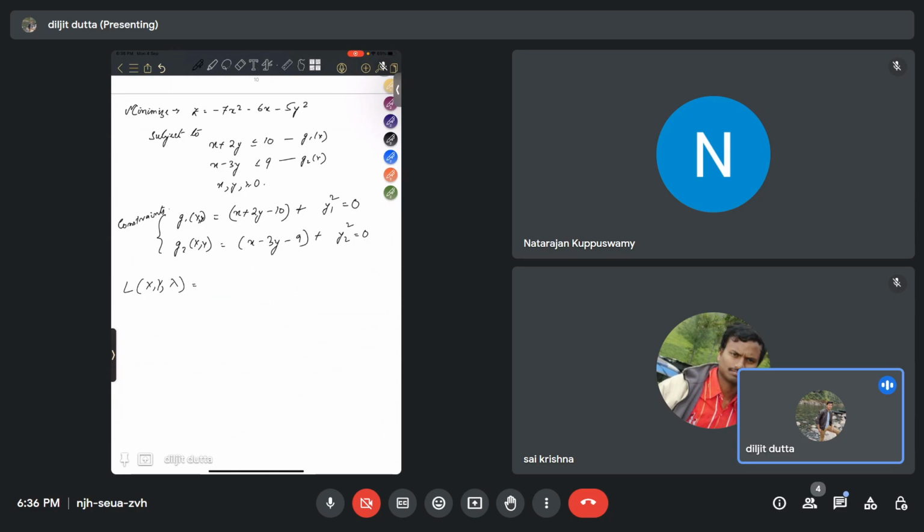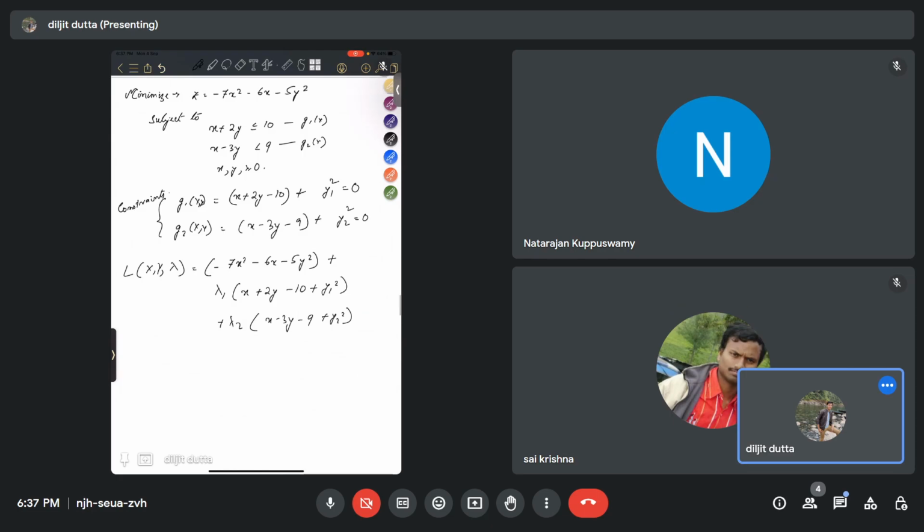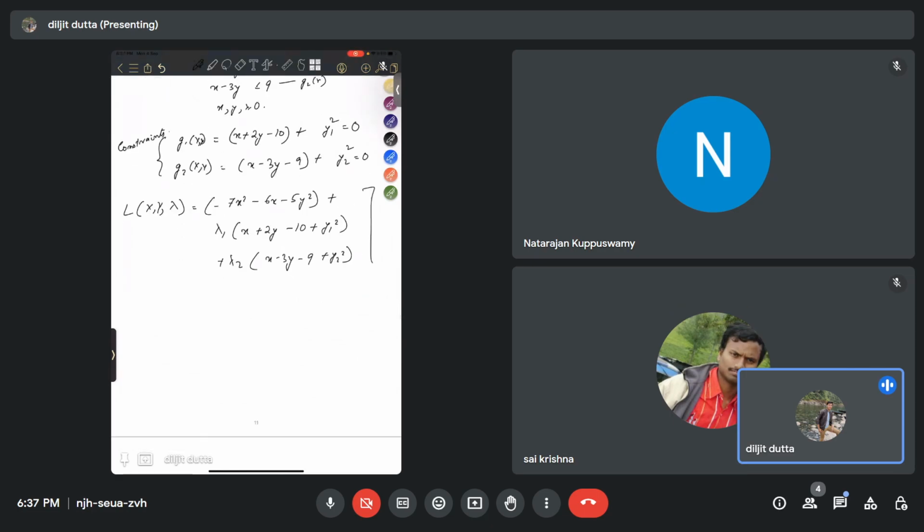It equals f of x, where f of x is minus 7x squared minus 6x minus 5y squared, plus lambda 1 into x plus 2y minus 10 plus y1 squared, plus lambda 2 into x minus 3y minus 9 plus y2 squared. So this is the Lagrangian function that we got.